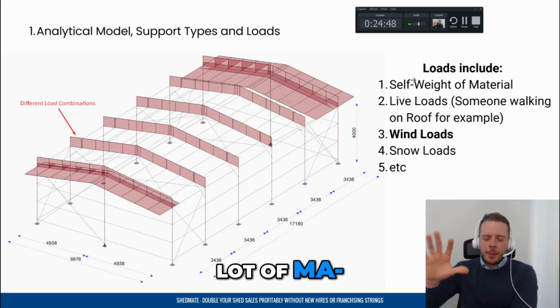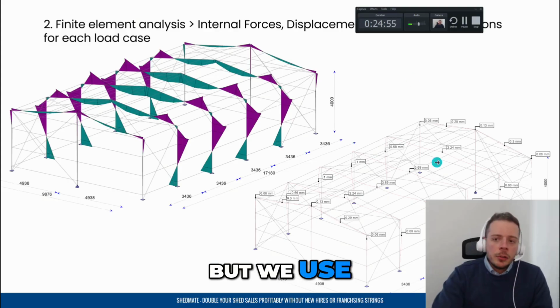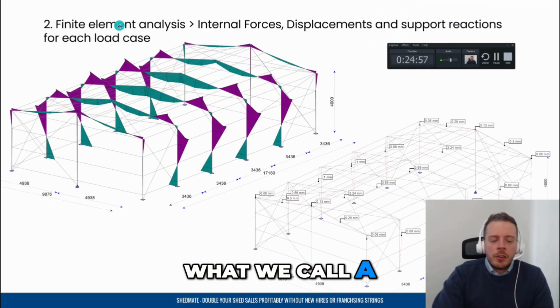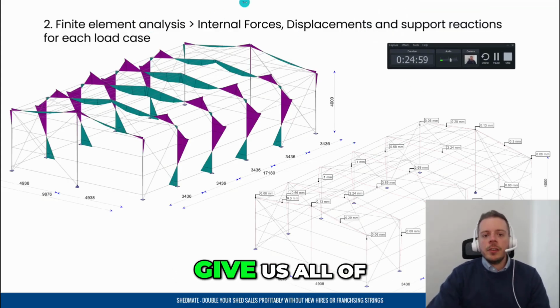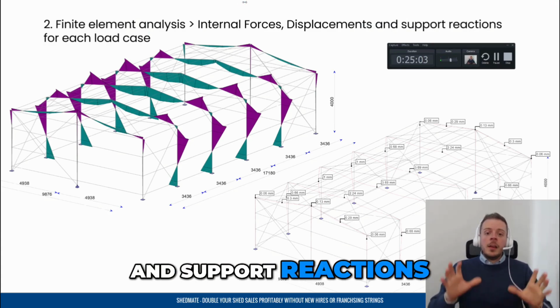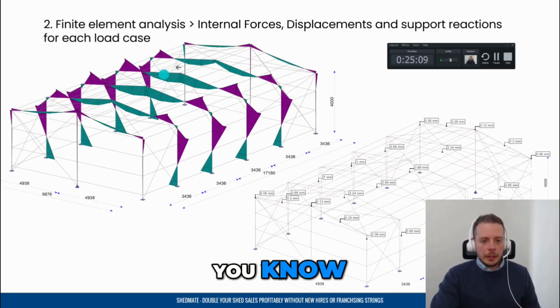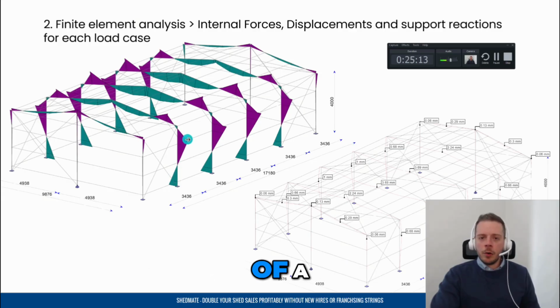Once again, there's a lot of mathematics involved here. I don't want to overcomplicate, but we use, specifically in Shedmate, what we call a finite element analysis system that will give us all of the internal forces, displacements, and support reactions for that specific structure. So for example, here you can see there is some moment, there are different forces applying. This is kind of a graph, right, guys?